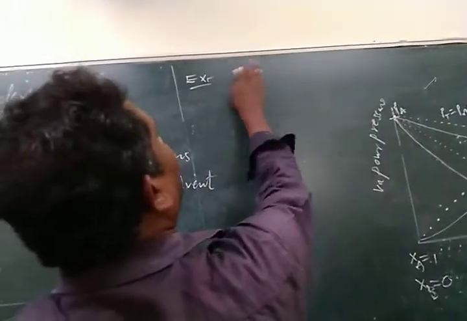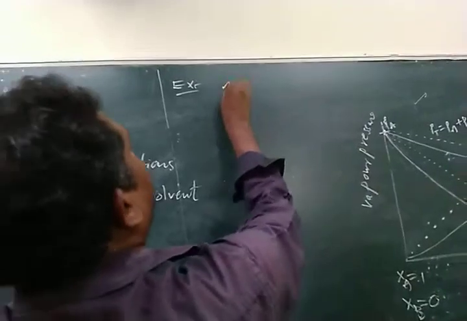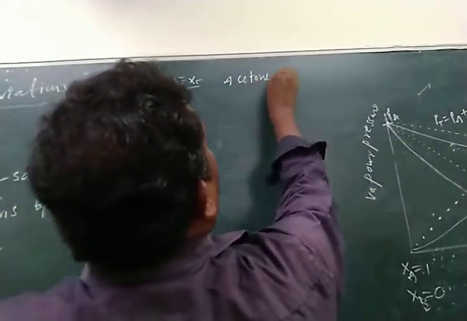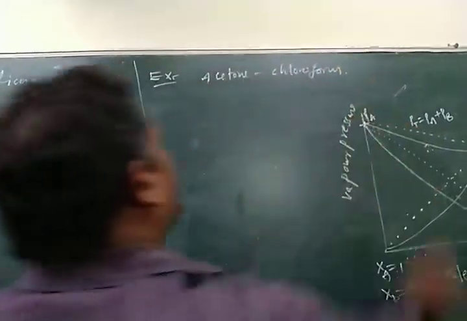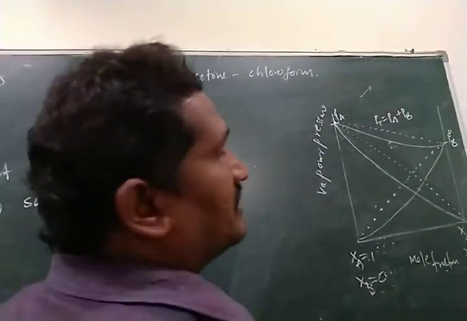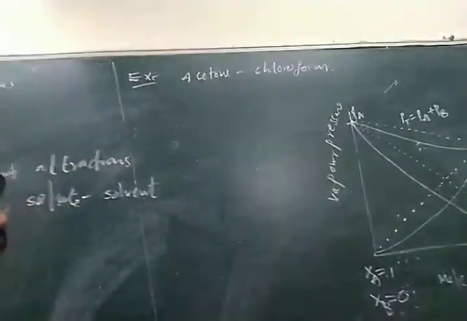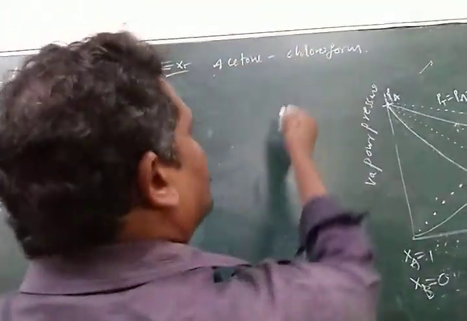Examples for this type of solution: acetone and chloroform, acetone and aniline, and chloroform and ether. Many examples we can take. I am taking acetone and chloroform.